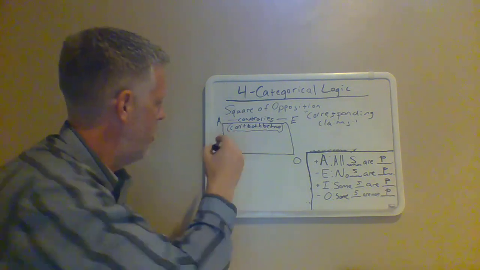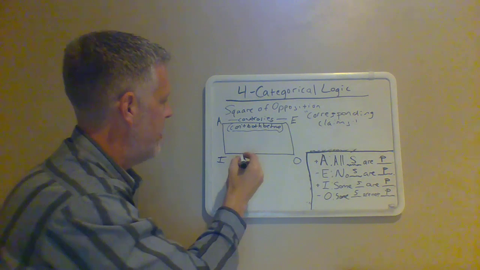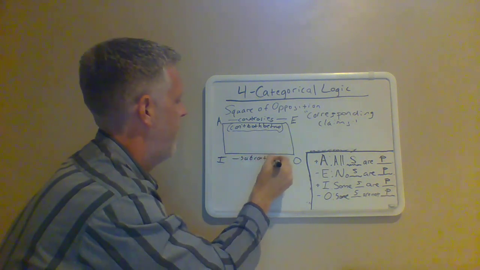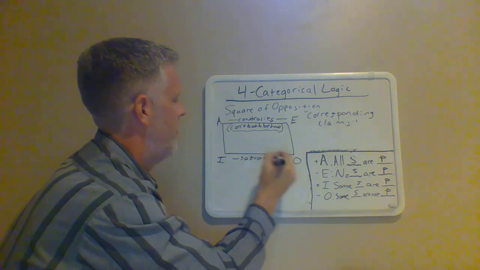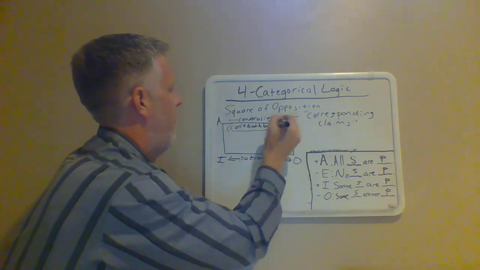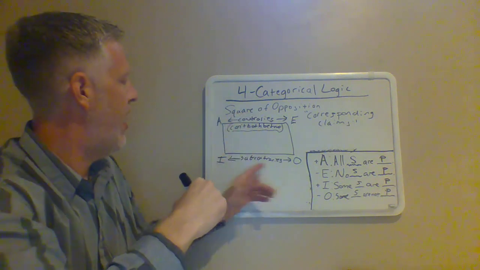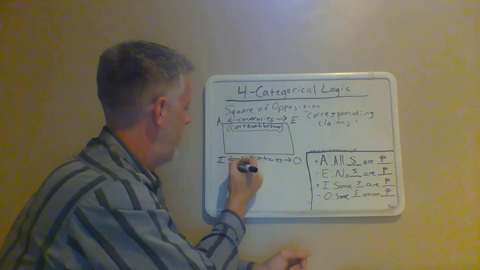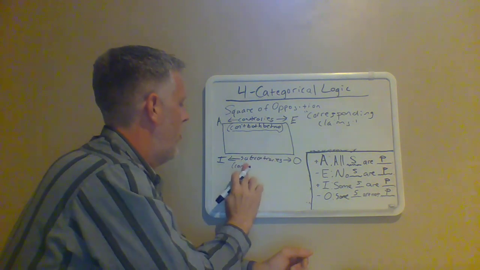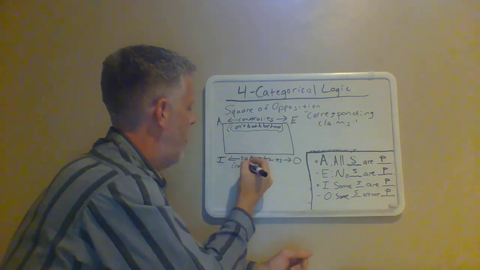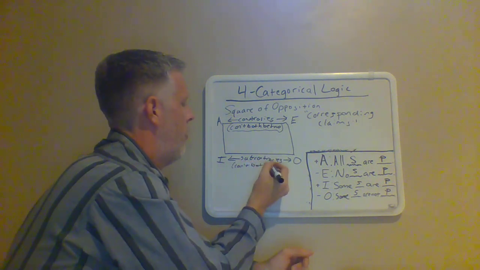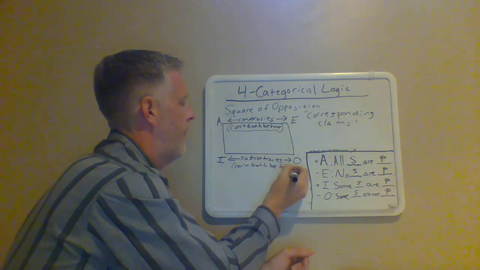Okay? And then a similar sort of thing down here with what we call the subcontraries, the relationship between the I and O. They, however, it's not that they can't both be true, but they can't both be false.